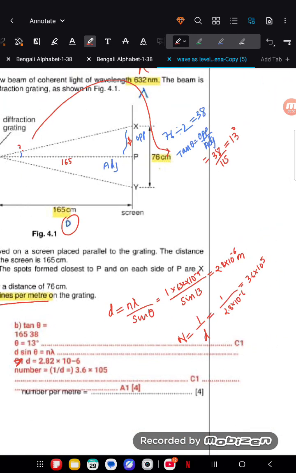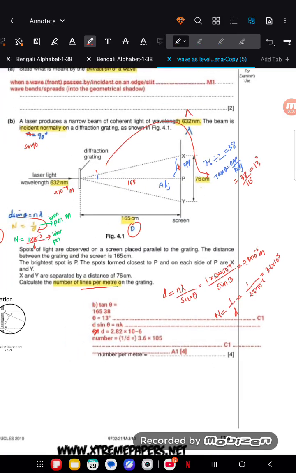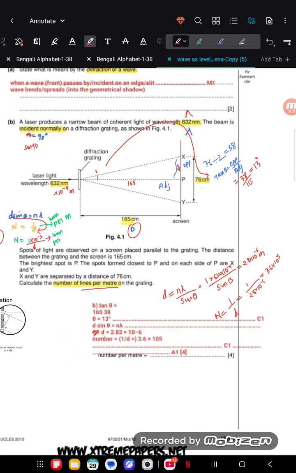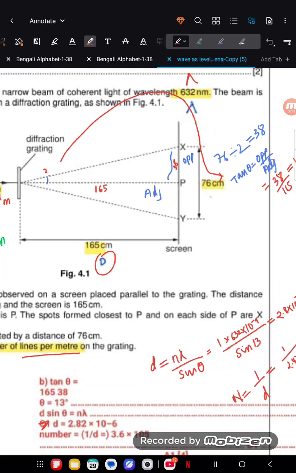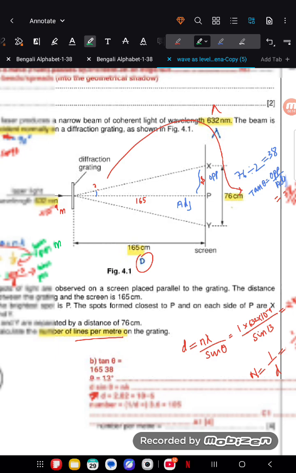Now we get d equals n multiplied by the wavelength divided by sine theta, and this is order 1. This is the first order, that's why we took n is 1.